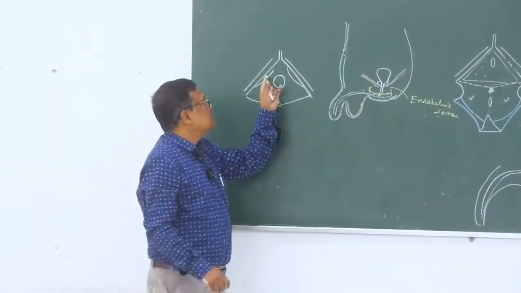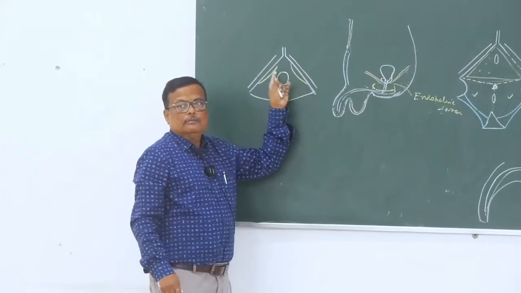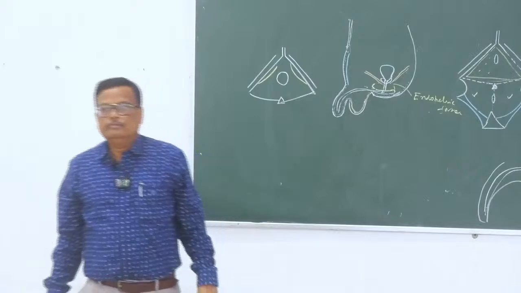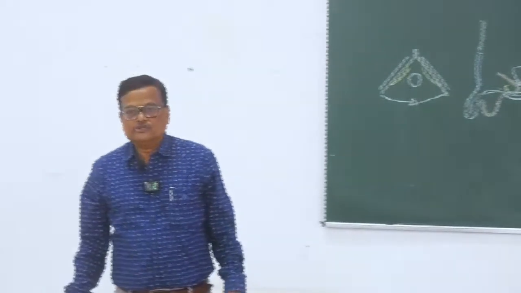So there are two erectile structures present here. We call it the crus of the penis, plural crura of the penis. It is an erectile tissue.